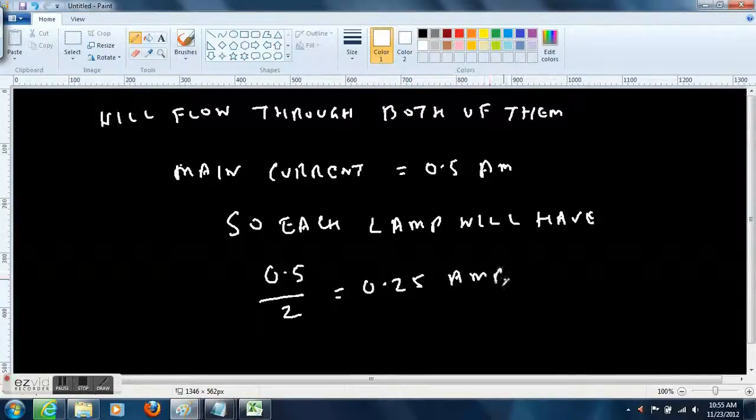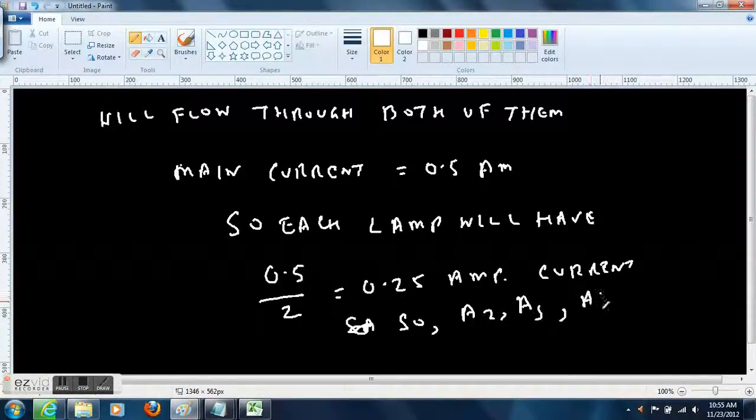That means each path will have 0.25 ampere current. So all these ammeters, that is A1, A2, A3, A4 and A5, will show a reading of 0.25 ampere.